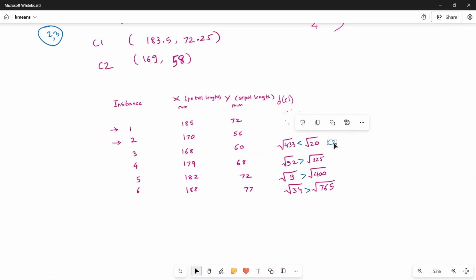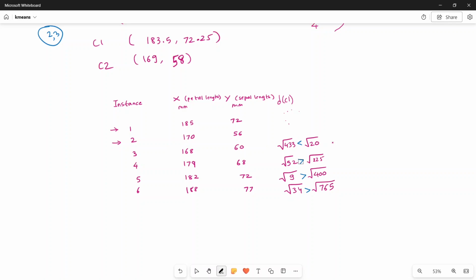Now again we'll have to make this decision. Let's calculate once again. Now we'll have to start from point 1 itself.